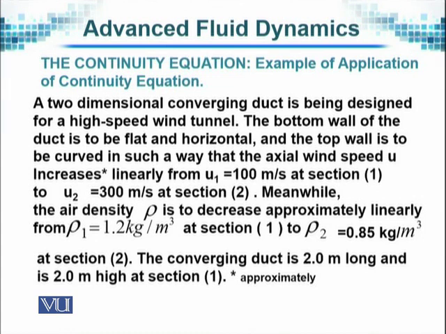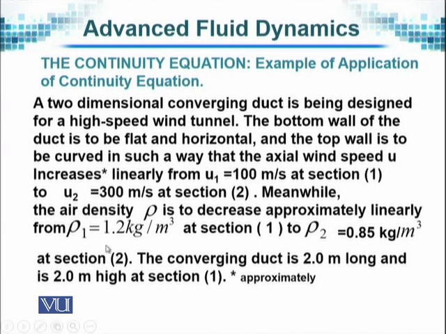Meanwhile, the air density rho is to decrease approximately, again linearly, and this is an approximation, not exact, but quite a good approximation in most cases. From rho 1, originally 1.2 kilogram per meter cube at section 1, it decreases to rho 2 equals 0.85 kilogram per meter cube.